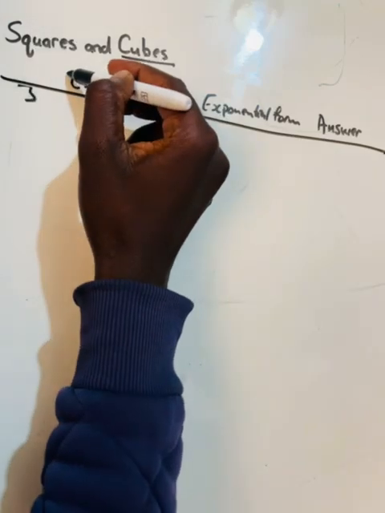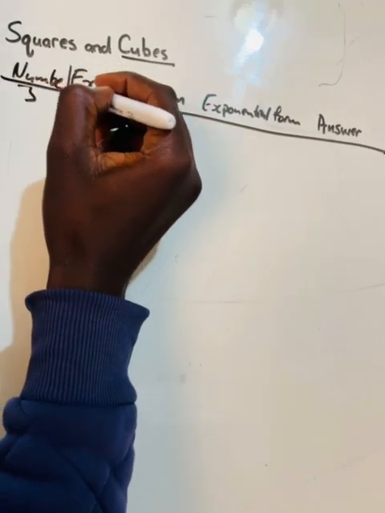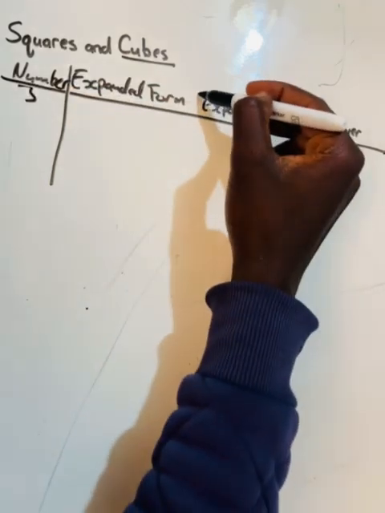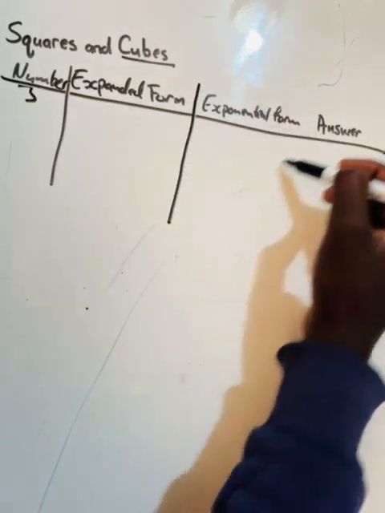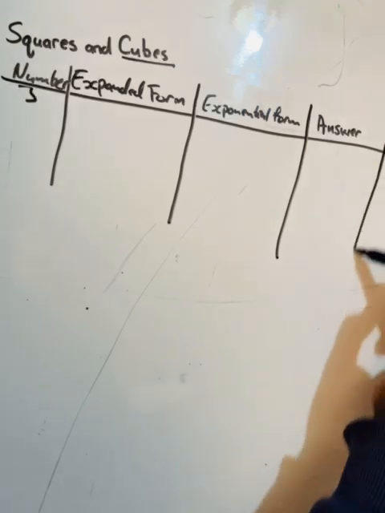So, let's create a table here. This is a number. This is the expanded form, exponential form, and eventually the answer.